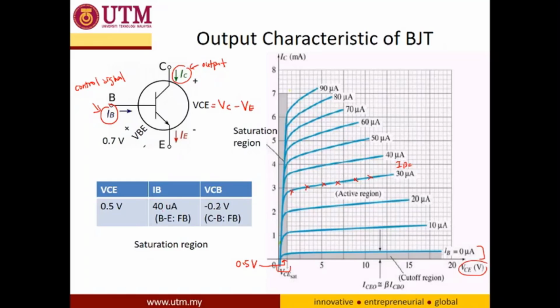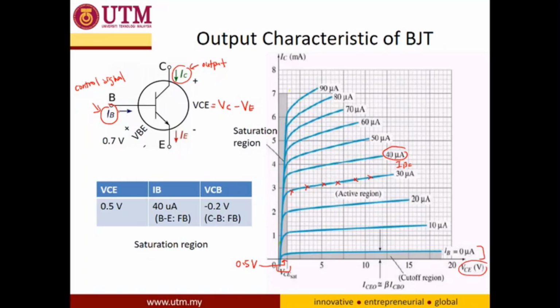When IB is 40 microampere, this shows there is a significant current in the base and emitter.